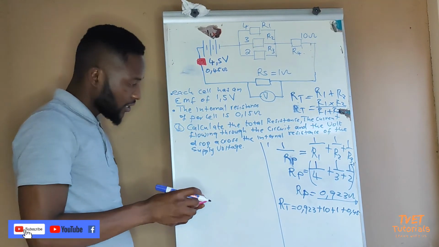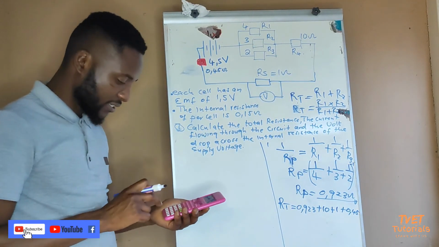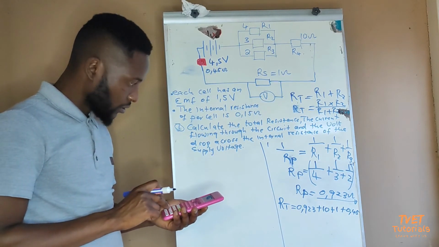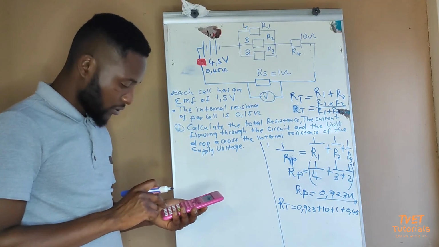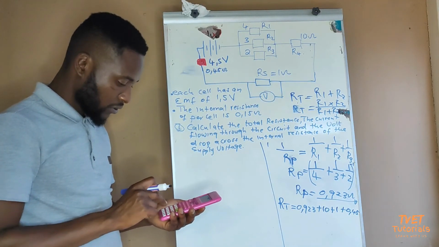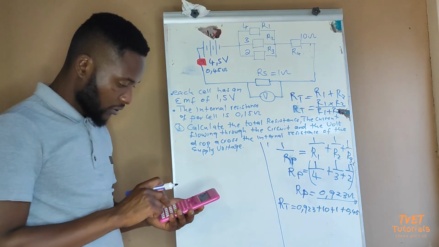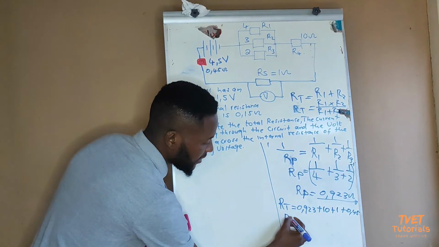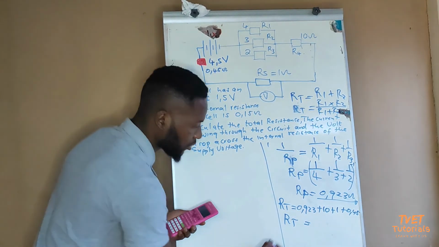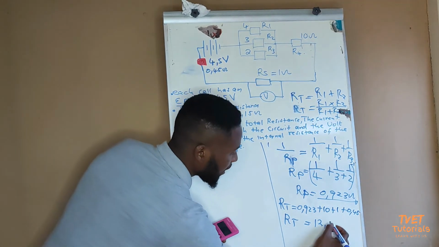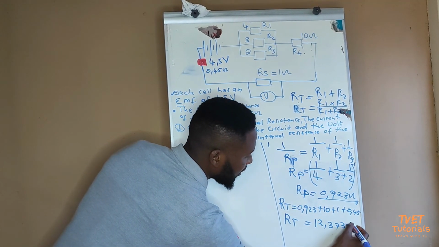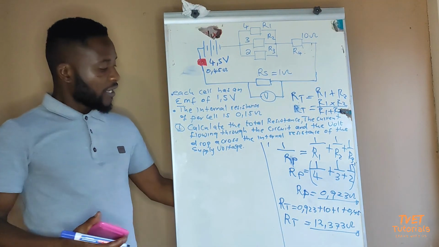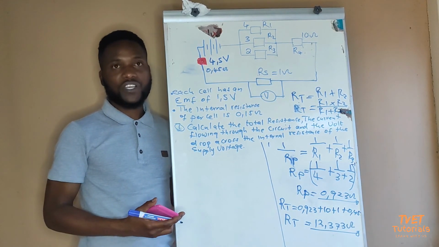Now let's use our calculator to see the magnitude of the total resistance. So the total resistance RT is equal to 12.373 ohms. So we have answered the first question.